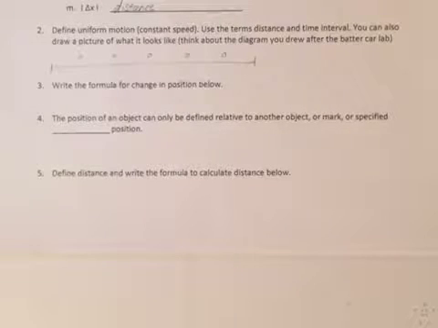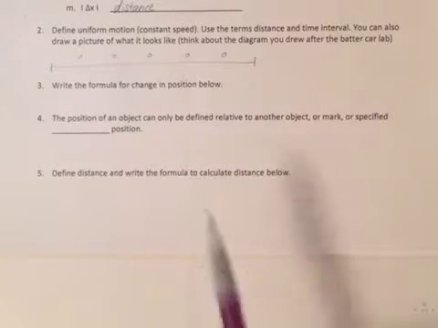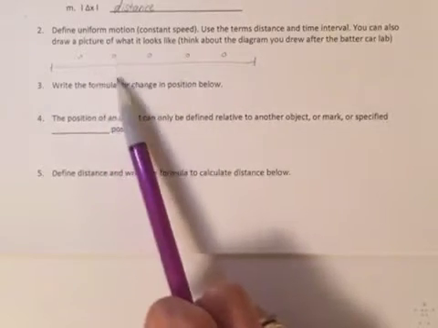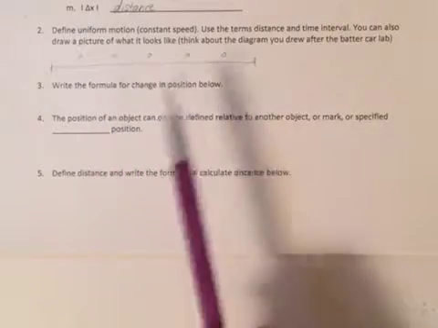Question number 2 talks about defining uniform motion, which also means traveling at a constant speed, using the terms distance and time interval. And then it says you can draw a picture. So what I've done is I've tried to describe it by using a picture. So imagine your Play-Doh discs from the battery car.